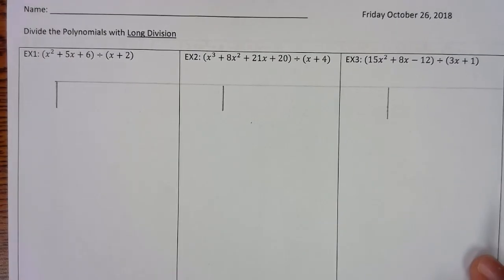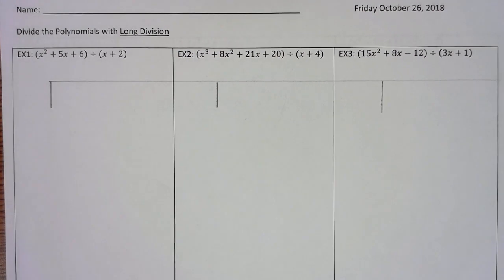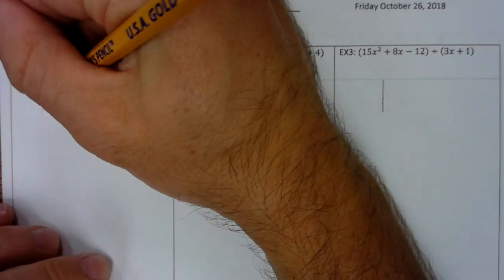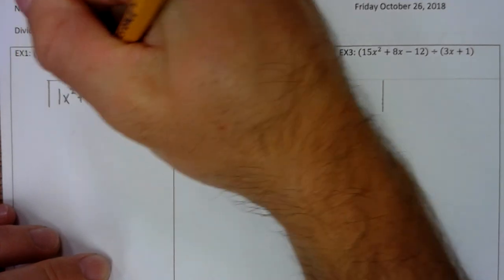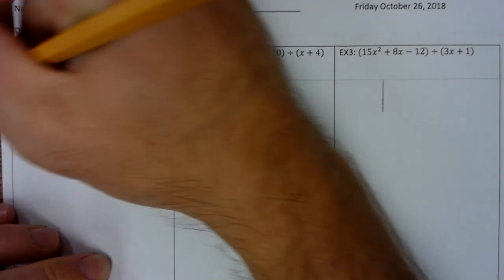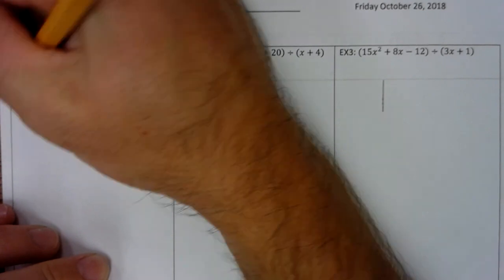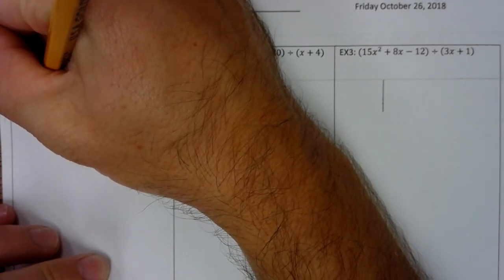Now I've kind of drawn the long division part. You might take a few seconds to do that. So what we're going to do is we're going to divide x squared, and put a 1 there, 1x squared plus 5x plus 6 divided by 1x plus 2.